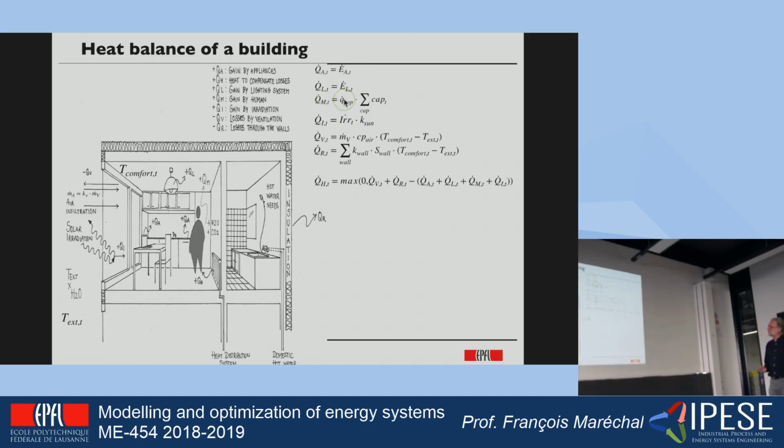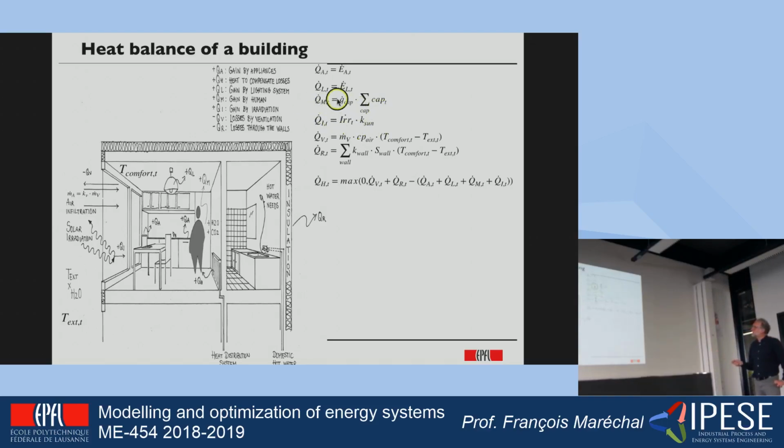The SIA, the Société suisse des ingénieurs et des architectes, is giving recommendations on how much a student that is falling asleep in lecture is going to radiate, as well as how much a very active one is going to radiate. And then there are even norms that will say that 25% are sleeping and the rest are really active. So there are a lot of norms that allow you to have those values.